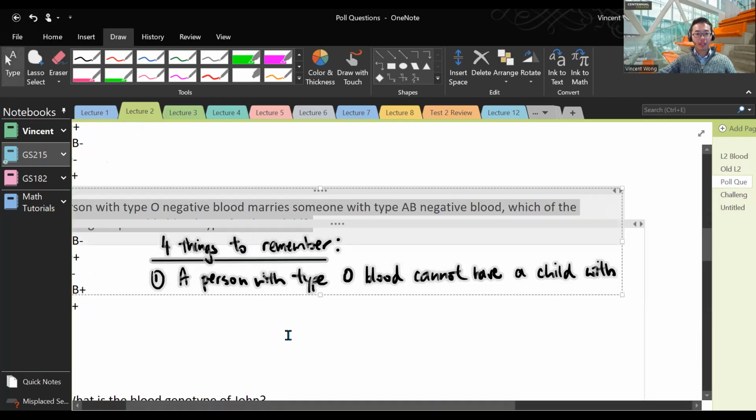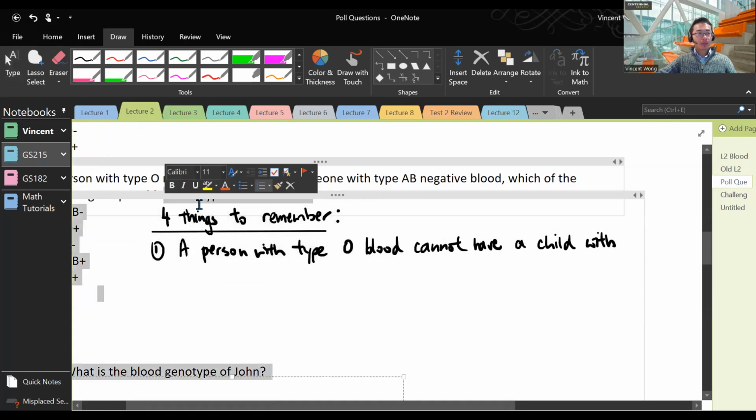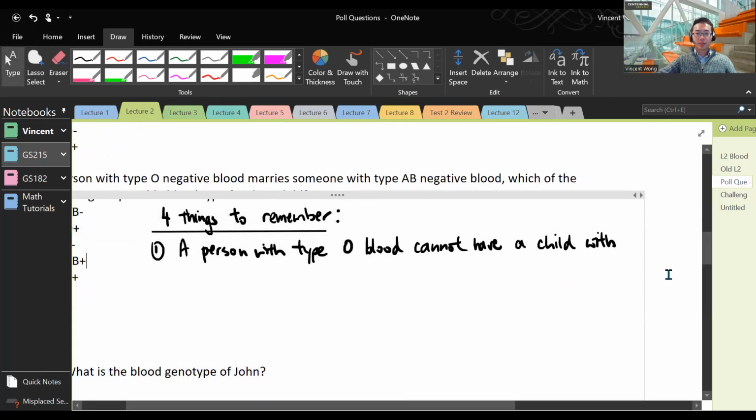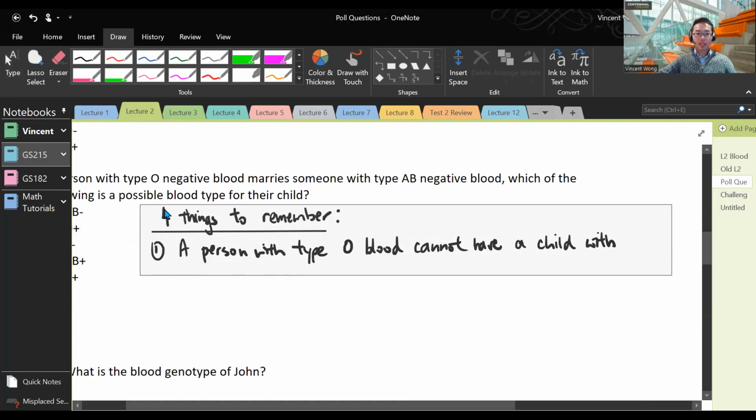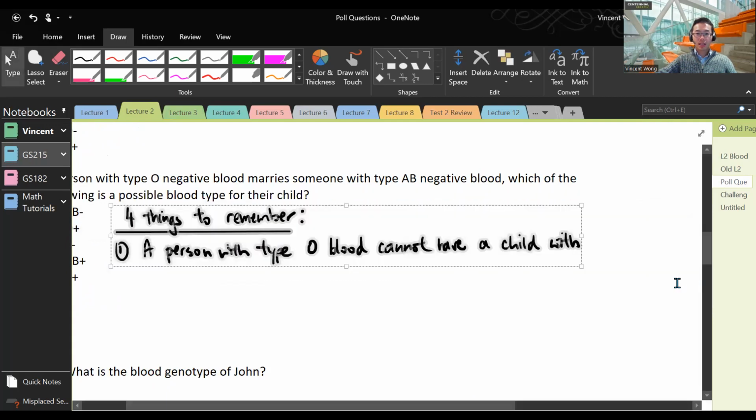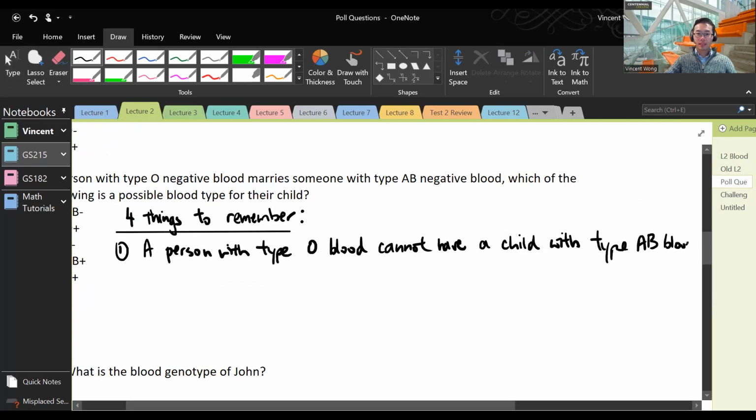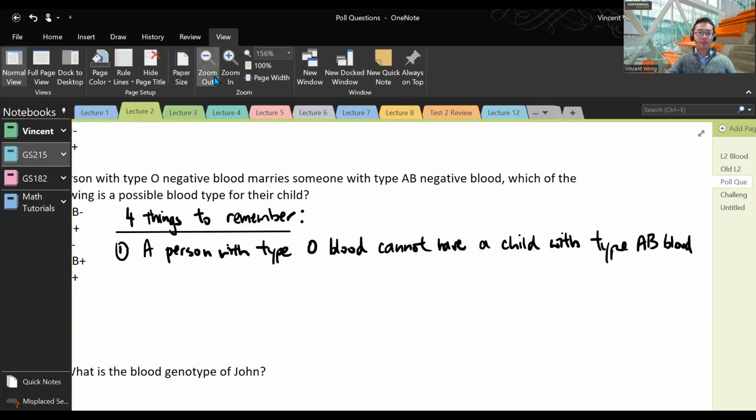Regardless of who they marry, okay? That's right. A person with type O blood will not have a child with type AB blood. That's not going to happen ever.